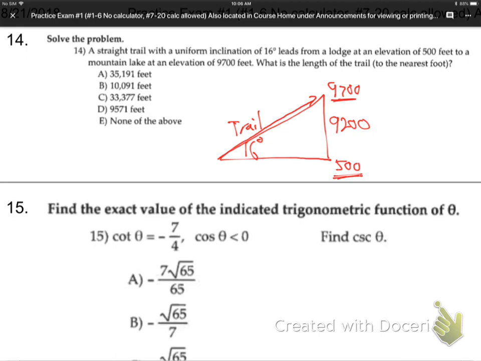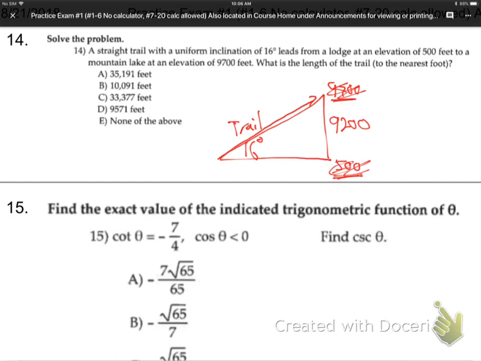So they climbed 9,200 feet, didn't they? Does that make sense on that picture? So you don't really need these anymore. You just need the 9,200 feet. That's how much they went up vertically, going from the lodge at 500 to the lake at 9,700. They rose vertically 9,200 feet.